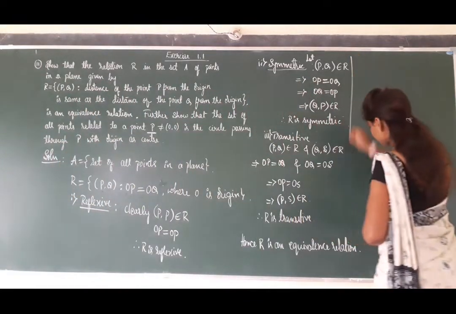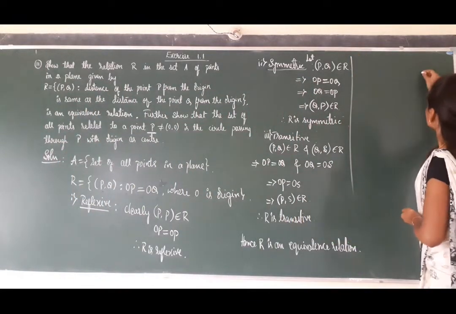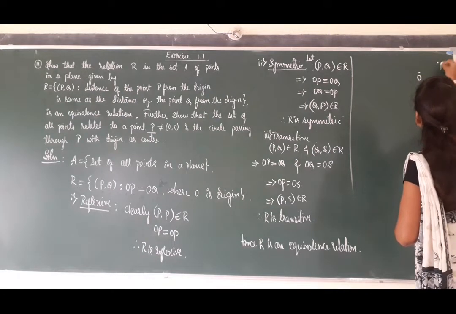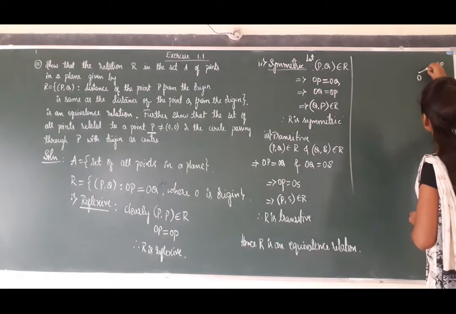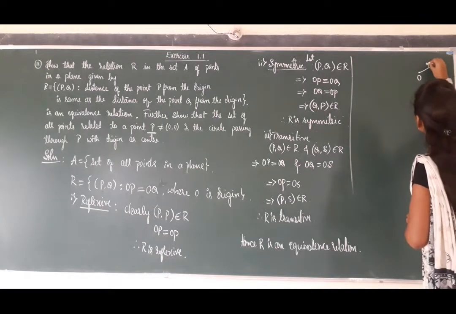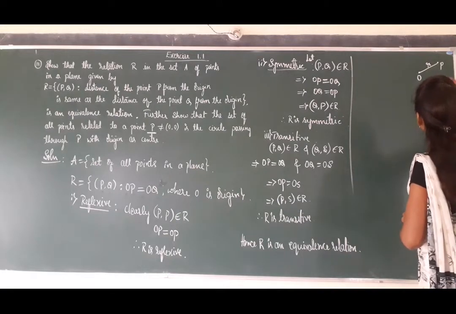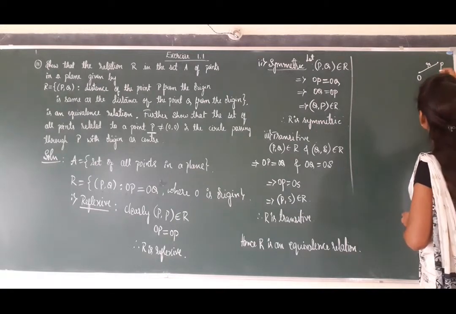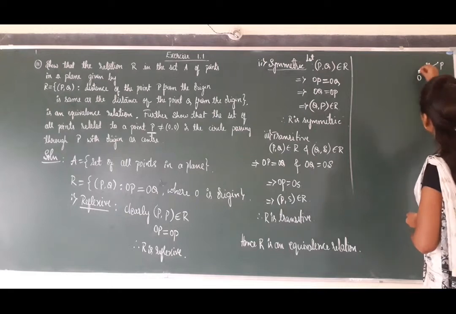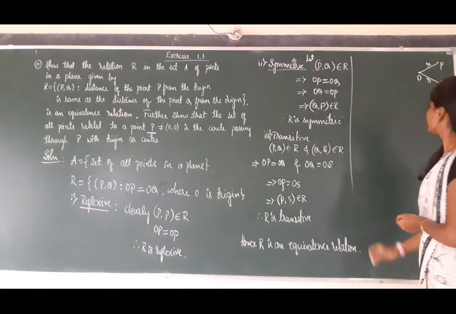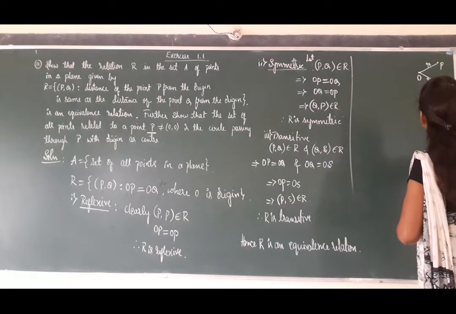Observe here. This is the center O. This is the point P. The distance of the point OP is R. Next I am taking the point P1. The distance of point P1 from origin O is also R. I am taking another point P2.